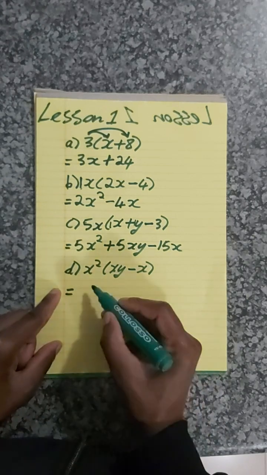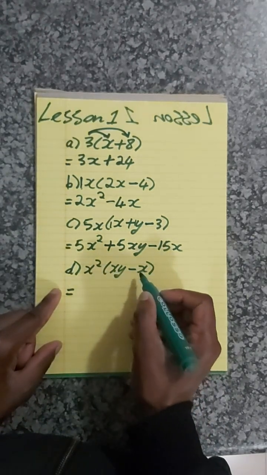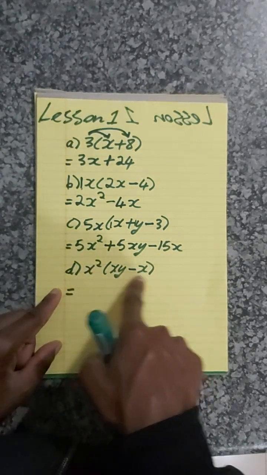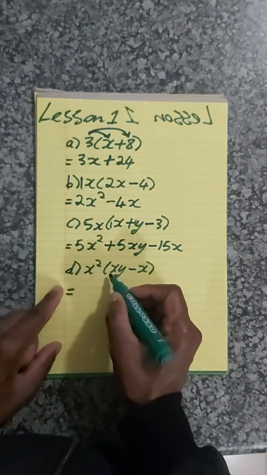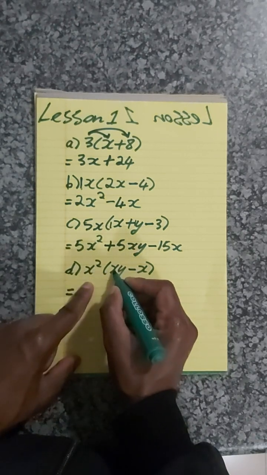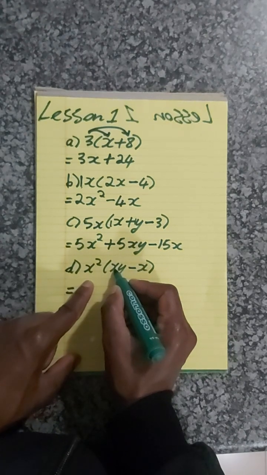Okay, here's the last one. We have x squared multiplied by xy minus x. What is outside the bracket has to multiply with what is inside the bracket. So we'll start with the x's. Here I have x squared multiplied by xy. Let me first focus on the x's.